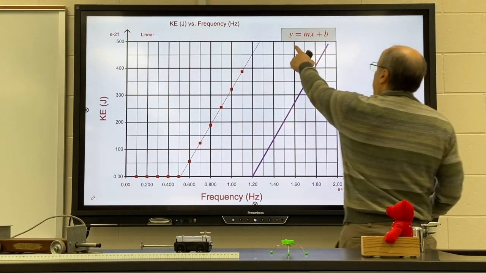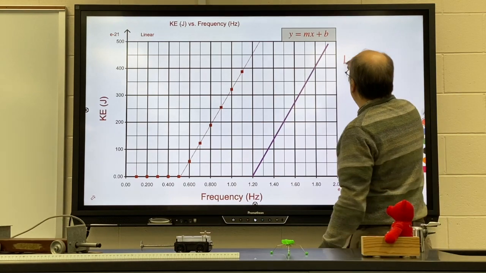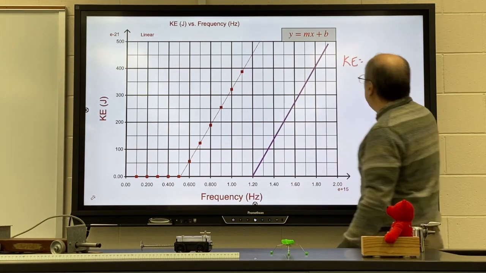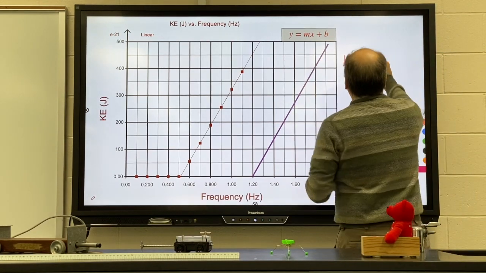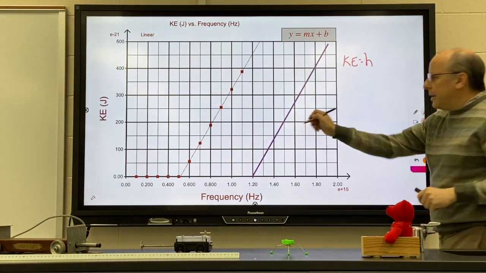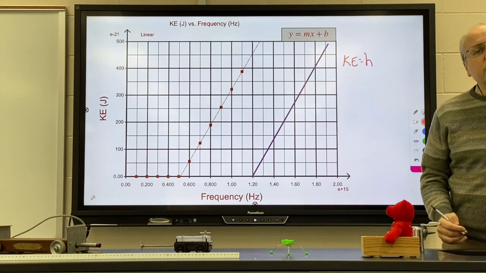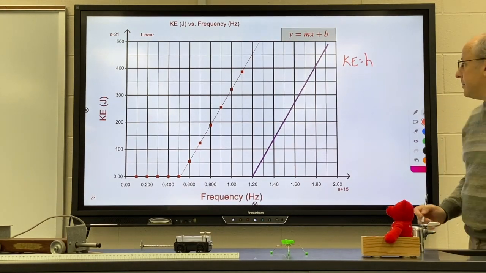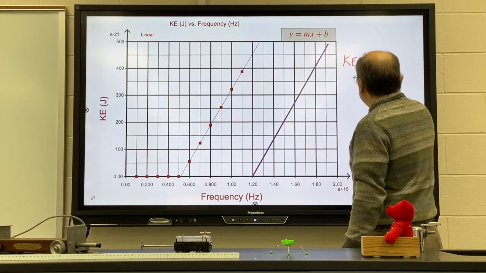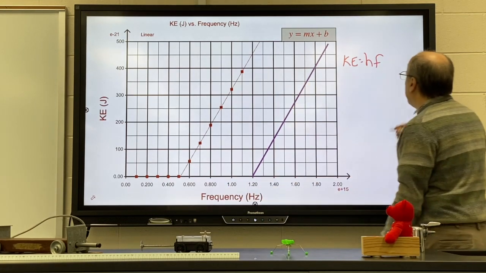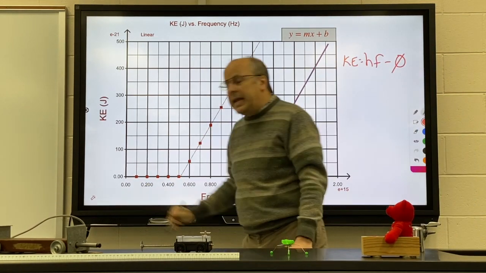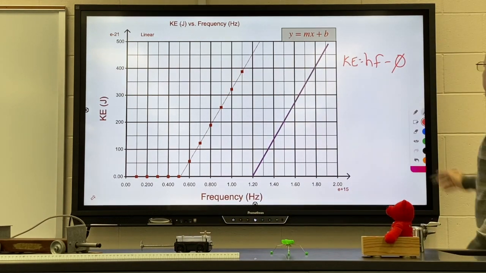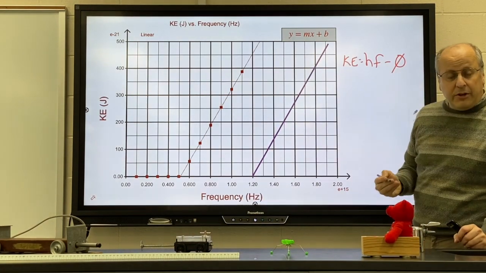So our equation y equals mx plus b, the y is the kinetic energy of the electron. The slope is a universal constant. It does not matter what the metal is. It turns out to be Planck's constant. The x-axis is frequency, and the y-intercept happens to occur in the negative values, so we're going to say minus some value.